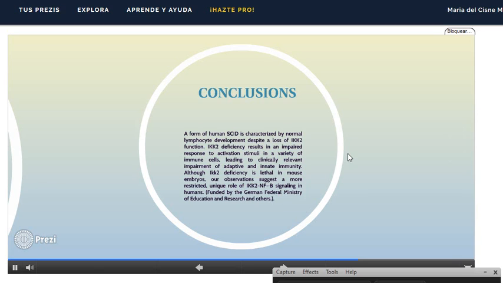Although Ikbkb deficiency is lethal in mouse embryos, our observations suggest a more restricted, unique role of Ikbkb in NF-kB signaling in humans, funded by the German Federal Ministry of Education and Research and others.